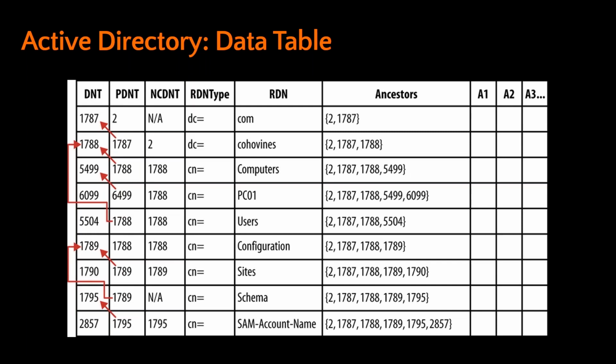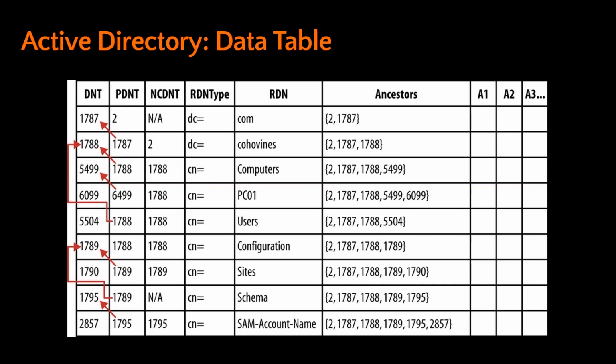So the same object, for instance a user account on domain controller DC01, can have a DNT of 2022. The same user account on domain controller DC02 can have a DNT of 3040. Something to be aware of.